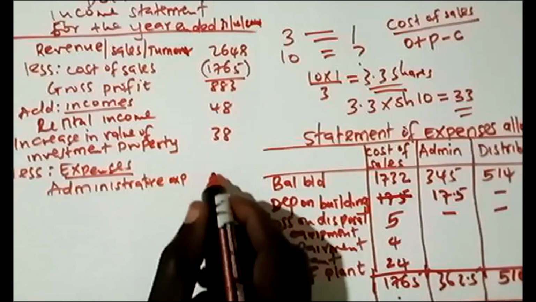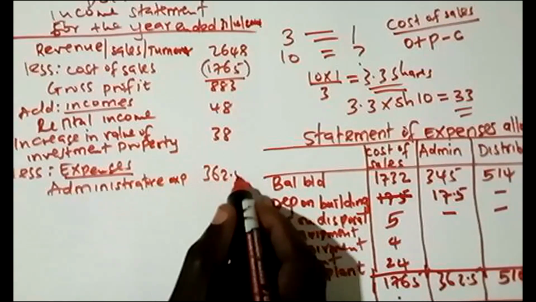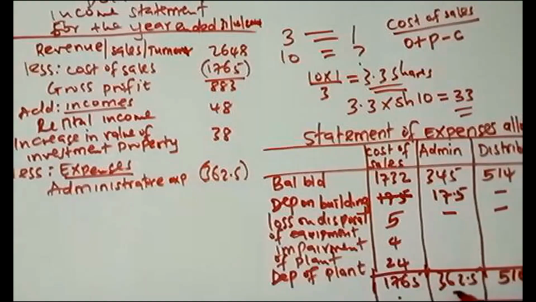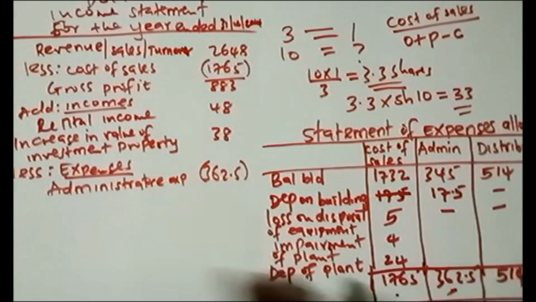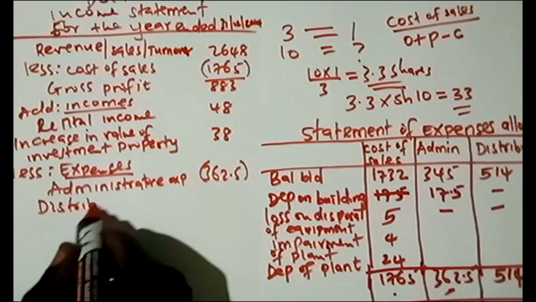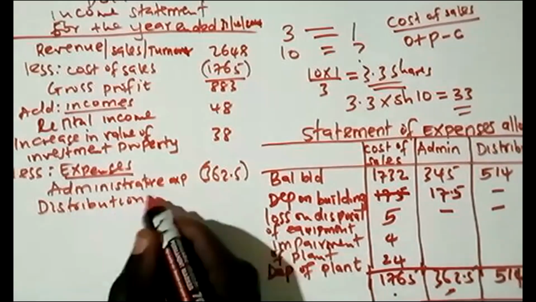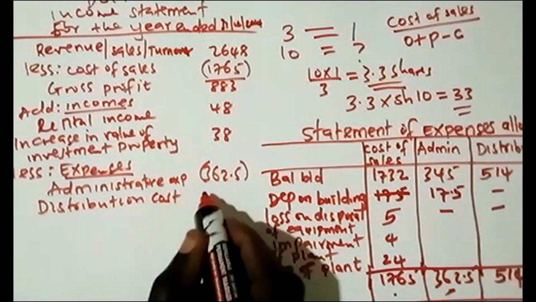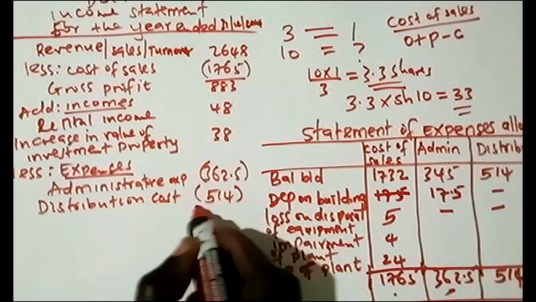Administrative expenses, 362.5. This one from our last additional information. And we have distribution. So the distribution cost, that is 514.